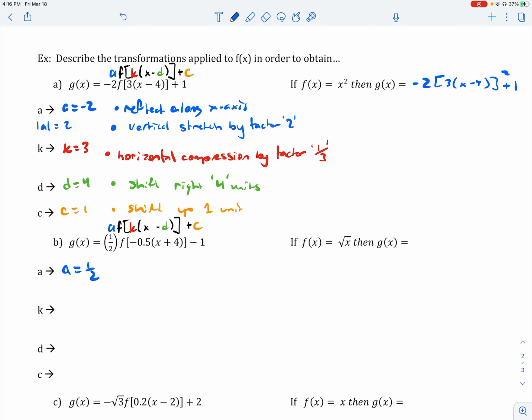So A is between 0 and 1. That means we have the vertical compression. You can just write this for short form. Compression by factor 1 over 2. All right, moving on. K. K is negative a half.